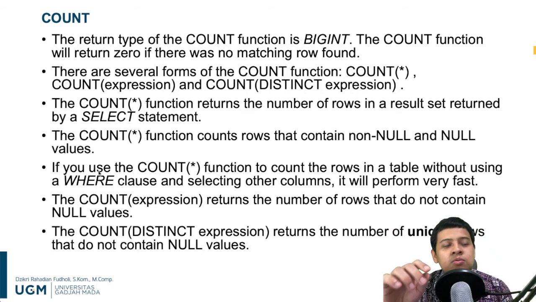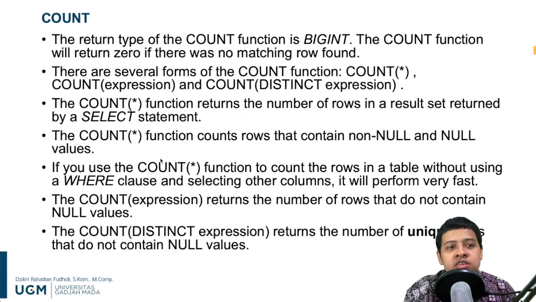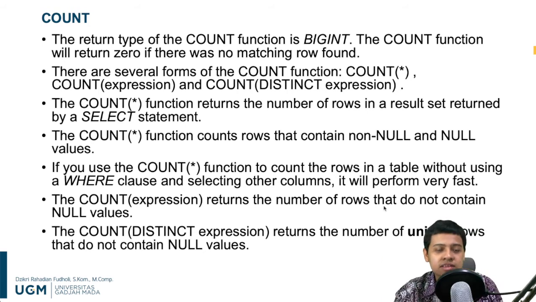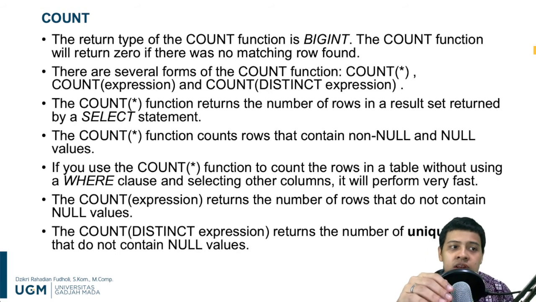Now, if you use the count star function to count the rows in a table without using a where clause and selecting other columns, it will perform very fast, because it's just counting the number of rows in the table. The count expression returns the number of rows that do not contain null values.